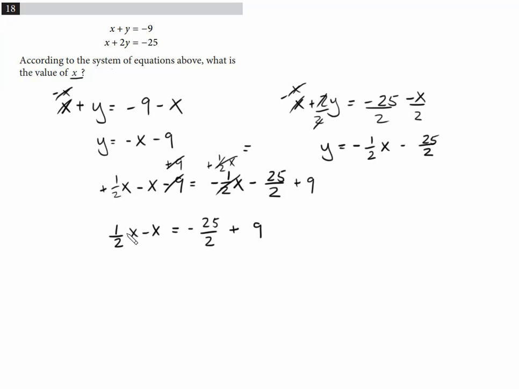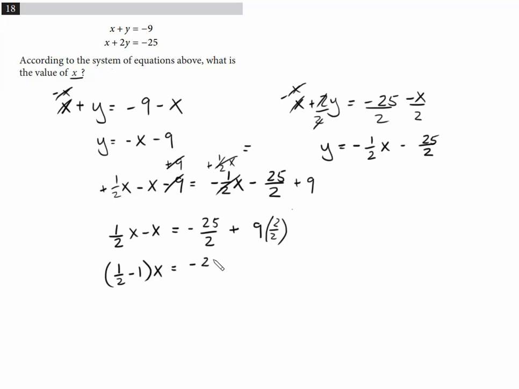And here, order of operations, what we have is 1/2 minus 1 times x equals, and adding fractions, to get a common denominator, we're going to multiply by 2/2, which is 18 on top.